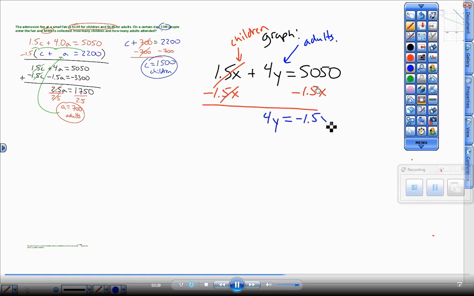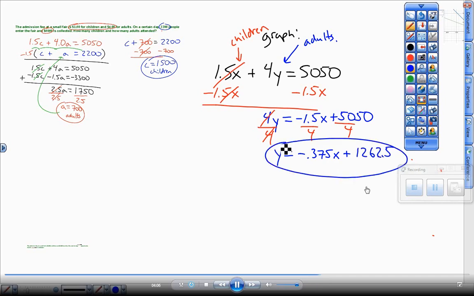I'm going to divide everything by 4. Cannot subtract these. Divide everything by 4. Makes that Y, or number of adults, equal negative 3.75 times number of children plus 1,262.5.